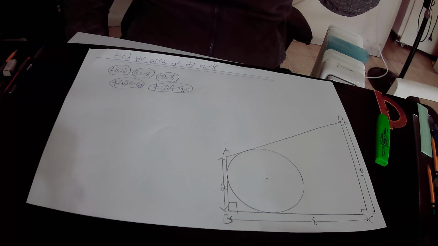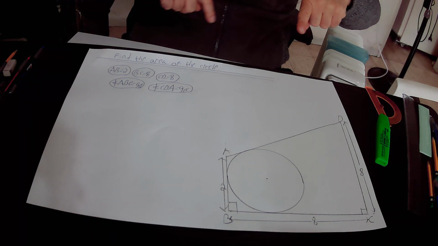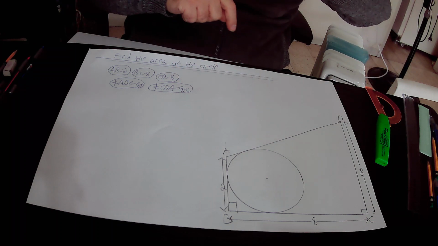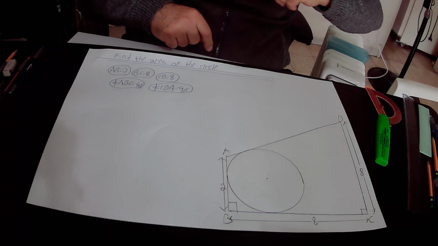Okay, so first of all, we'll do a construction. That is to say, we'll extend side DA and side CB of this quadrilateral by a straight line until they touch each other.